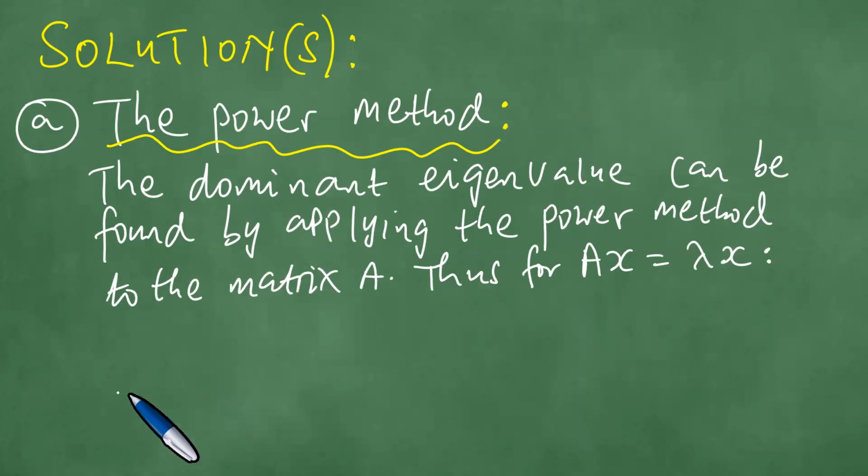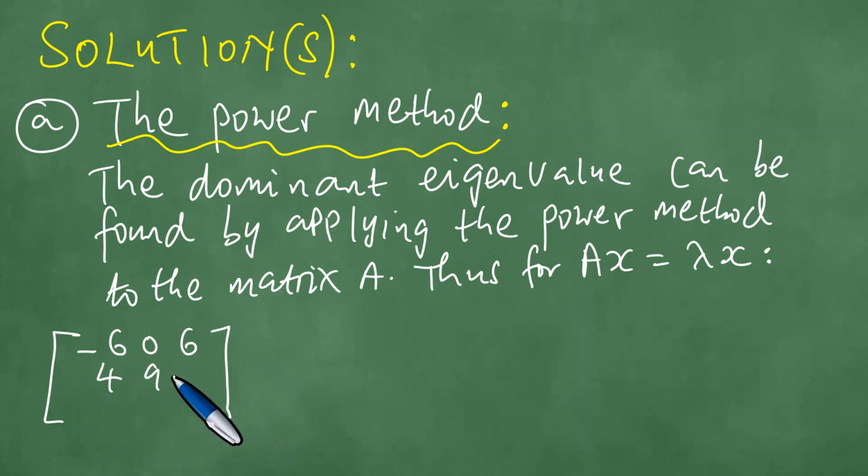We're going to start with the matrix A, and the matrix A has the entries minus 6, 0, 6, 4, 9, 2, minus 3, 0, 5, multiplied by 1, 1, 1.